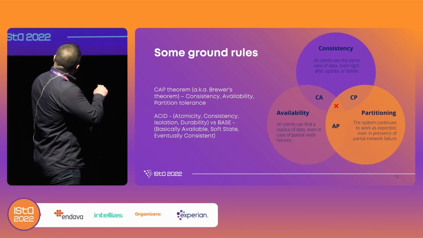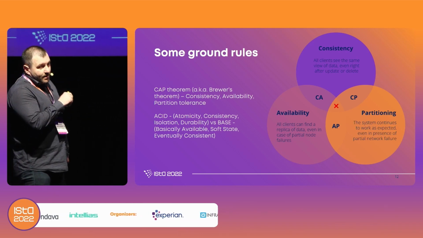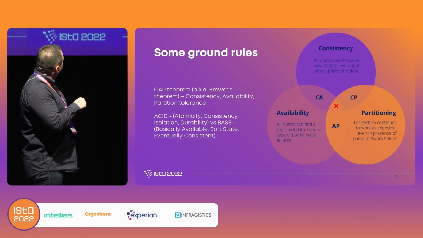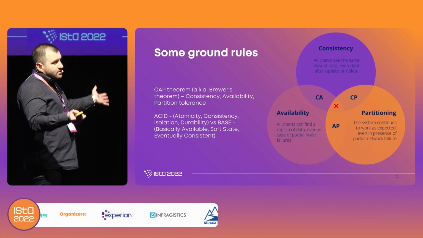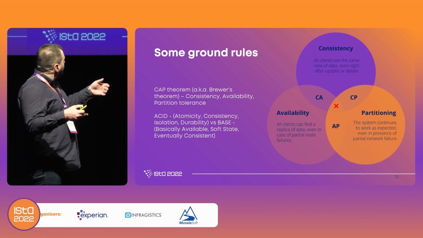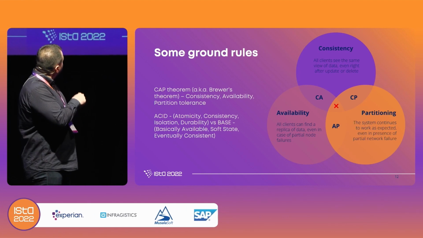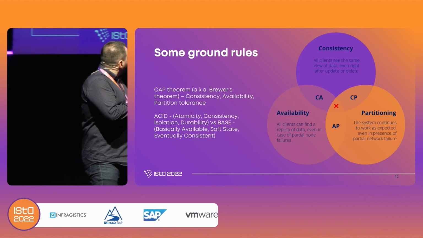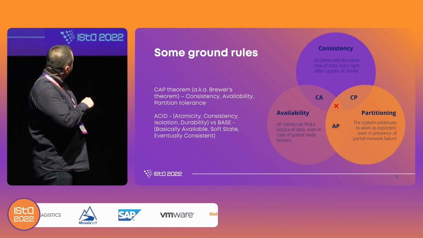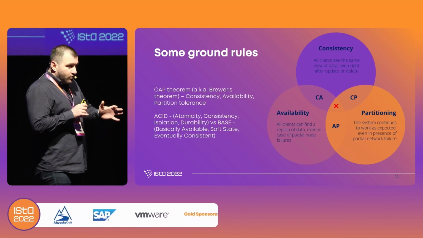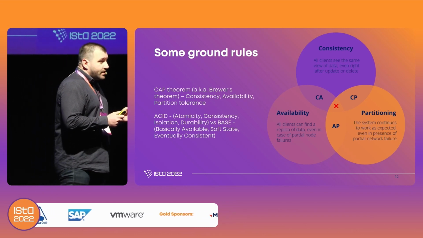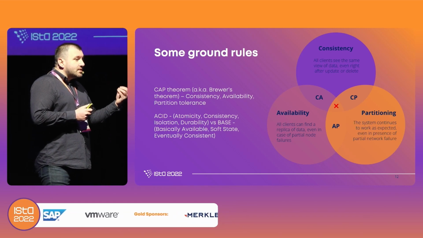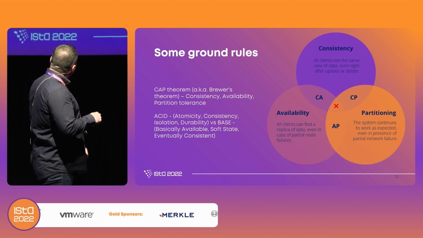And the other thing is, ACID is quite hard to achieve. So in the transactional model, that's atomicity, consistency, isolation, durability. You can usually achieve BASE, which means basically available. Even though some parts of the system might not be working, you are using at least part of the functionality.